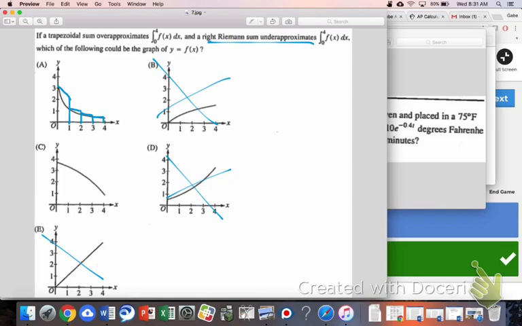Not decreasing or increasing, but concavity. So when you've got a concave up function, the trapezoid sum is too high, but when you've got a concave down function, the trapezoid sum is a little too low. So since we're looking for the trapezoid sum to over approximate, I think we go with A.